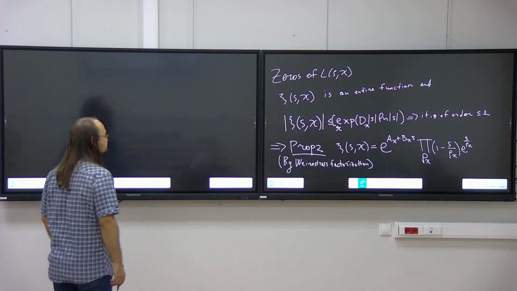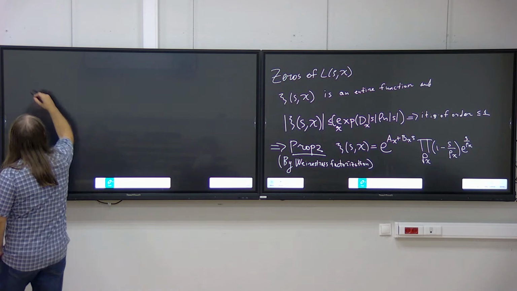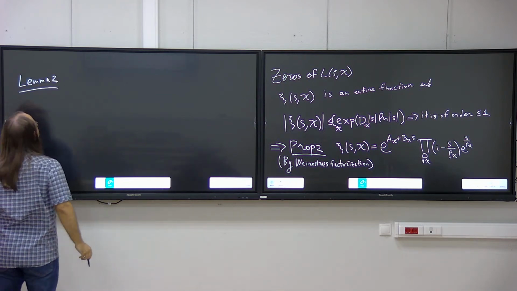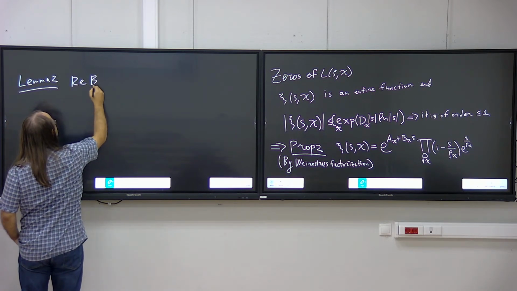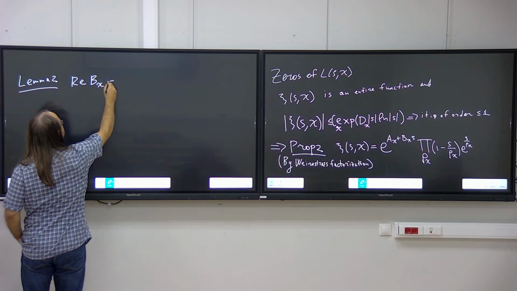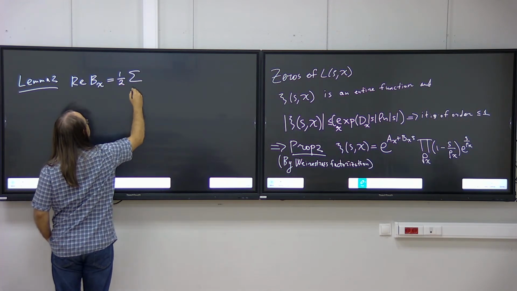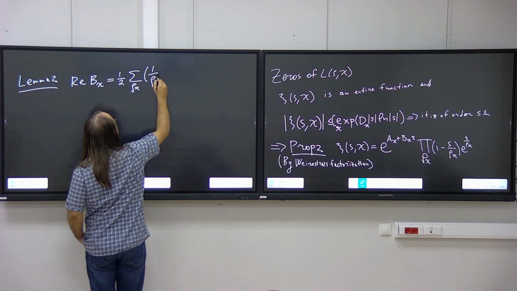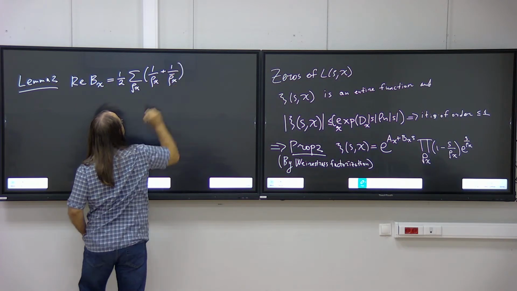So let us establish some result. This will be lemma 2. Lemma 2 is as follows. The real part of b sub chi is equal to 1/2 times the sum over all rho chi of 1 over rho chi plus 1 over rho chi bar.